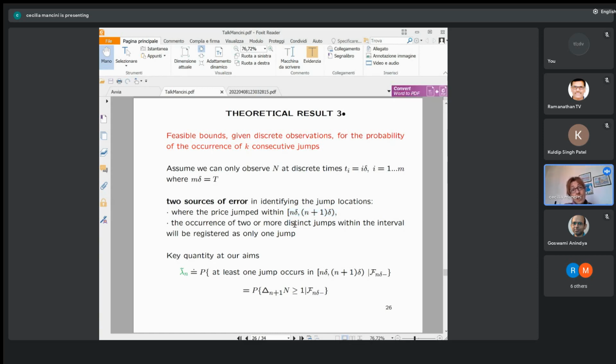So we wanted to account for these types of errors. The key quantity here is lambda tilde n, the probability that within the interval n delta, n plus 1 delta, conditionally on the information up to n delta, we have at least 1 jump.